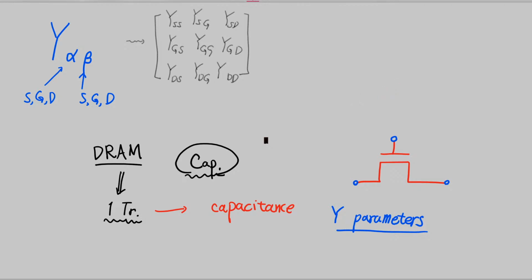So now when we have Y sub alpha beta, we can think of it in this way.